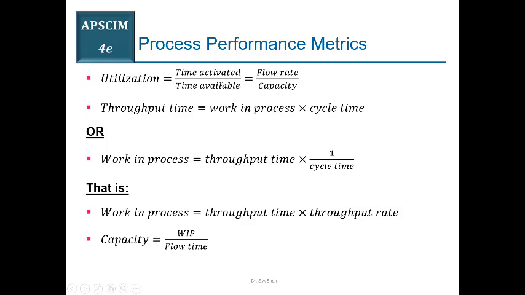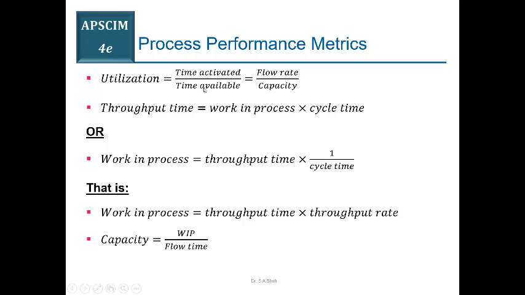So the available time will be the cycle time. For example, if it is 1 minute, then in that 1 minute, how much is your machine utilized: exactly 1 minute, or 30 seconds, or 40 seconds? So the actual activated time divided by the total available time will give you the utilization of that particular workstation.